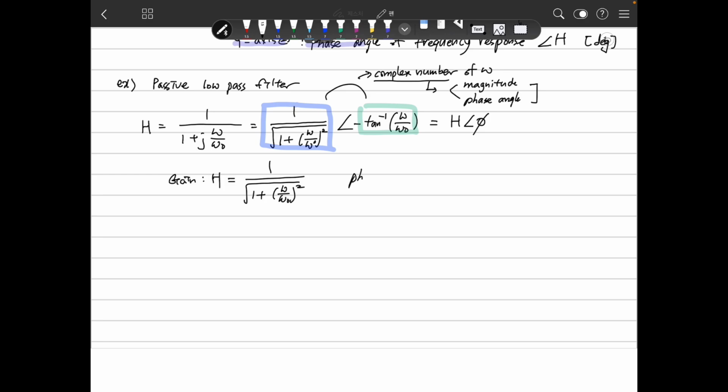And the phase angle is minus arctangent omega over omega 0.